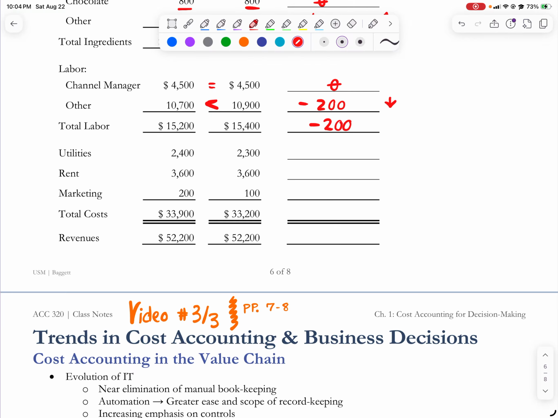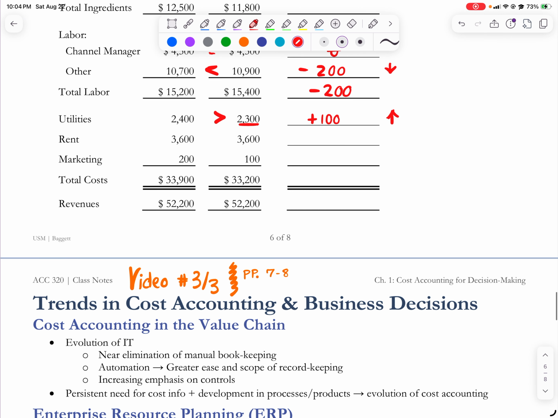Utilities, thought I would spend $2,300, ended up spending $2,400, so I spent more by $100. Thought I would spend $3,600, ended up actually spending $3,600, so no difference.